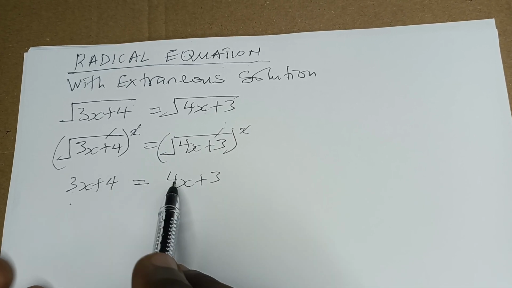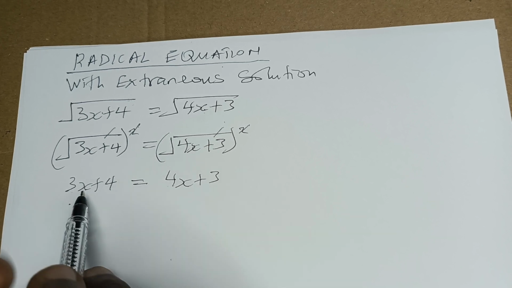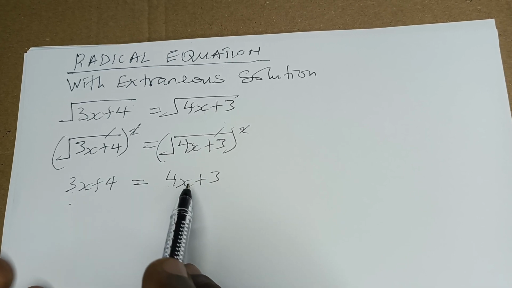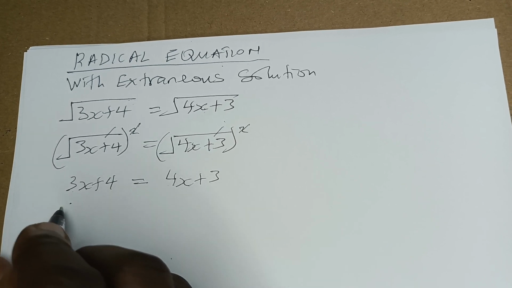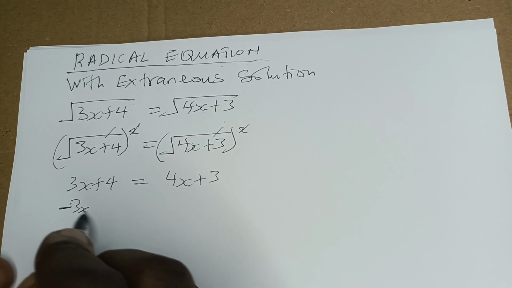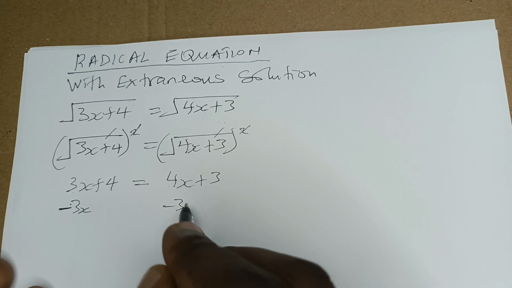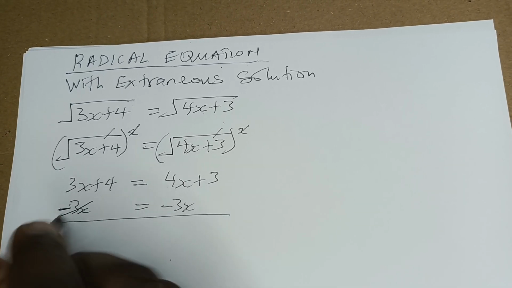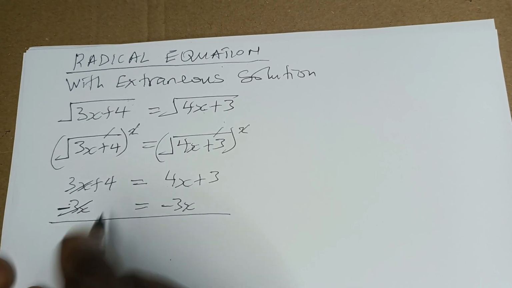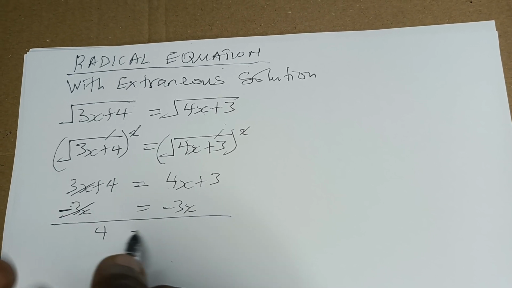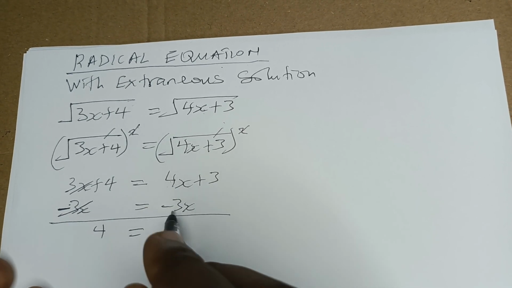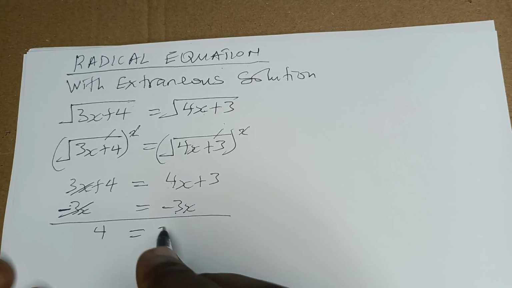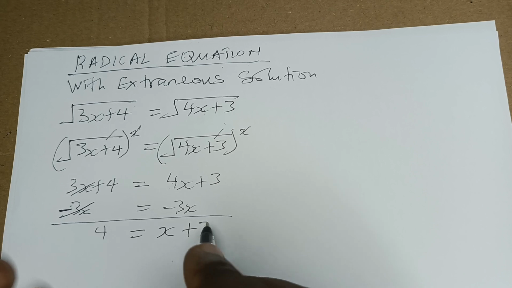In order for us not to get a minus here, we can take our x to this side. So how do we do that? You minus 3x from both sides. So this cancels this. We are left with 4 on the left hand side equal to 4x minus 3x, that should be 1x. So that will give us x plus 3.